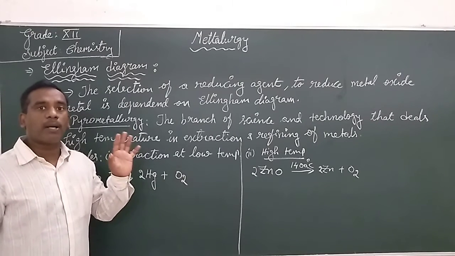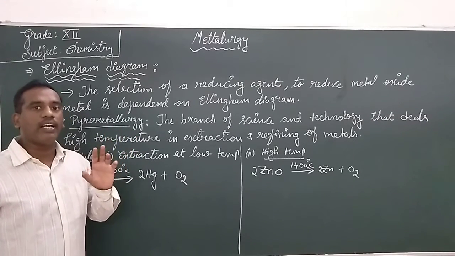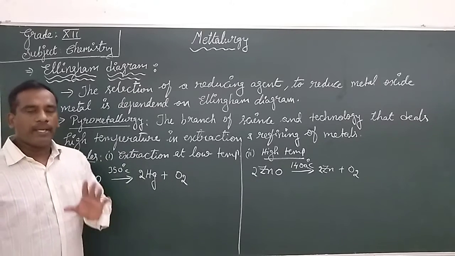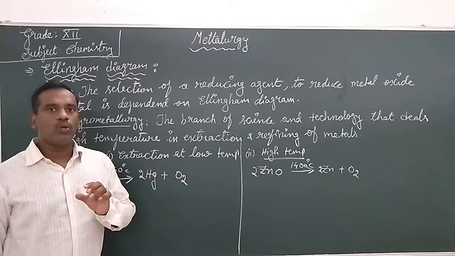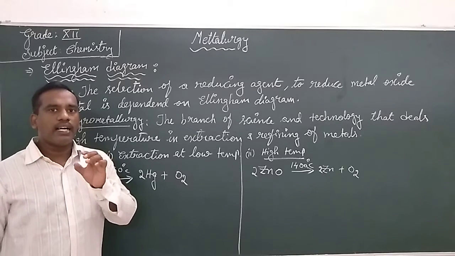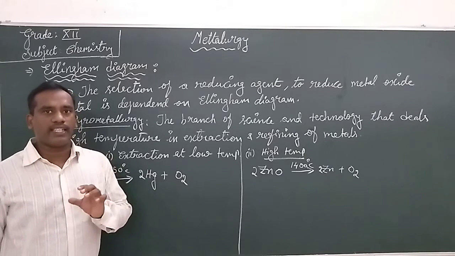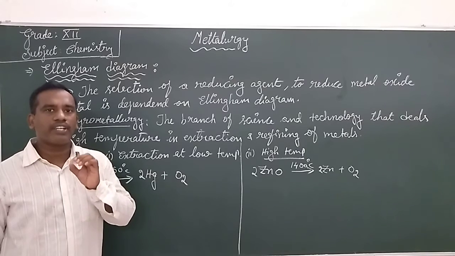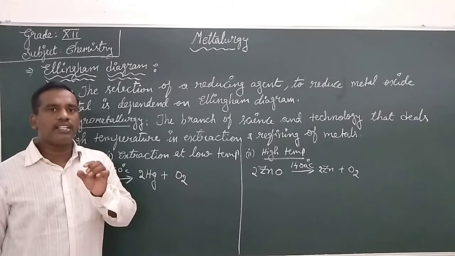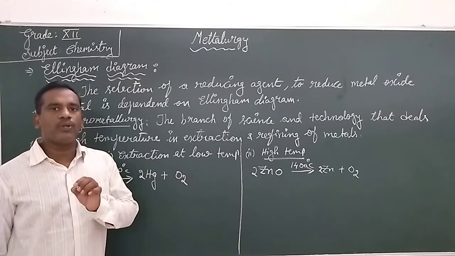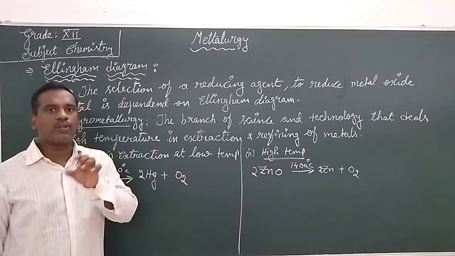What is the purpose of the Ellingham diagram? The purpose of the Ellingham diagram is to understand the nature of the reducing agent, or in simple words, which reducing agent is chosen to reduce the metal oxide to metal.